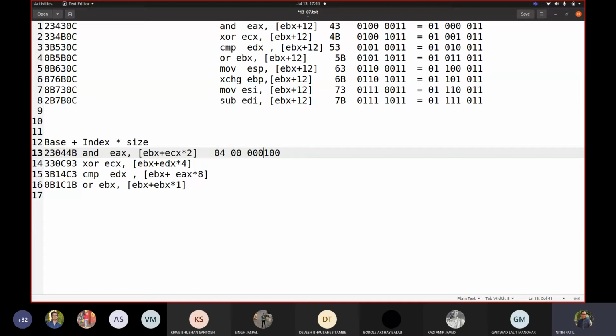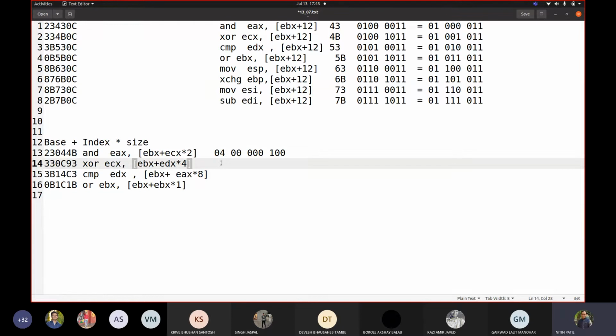Now if I differentiate this, what is 0, 0, 0? EAX. And what is 1, 0, 0? ECX, sorry. Remember, 1, 0, 0 means what? ESP. 4 is ESP. So is it included there? No. Okay, now this is new learning for us.